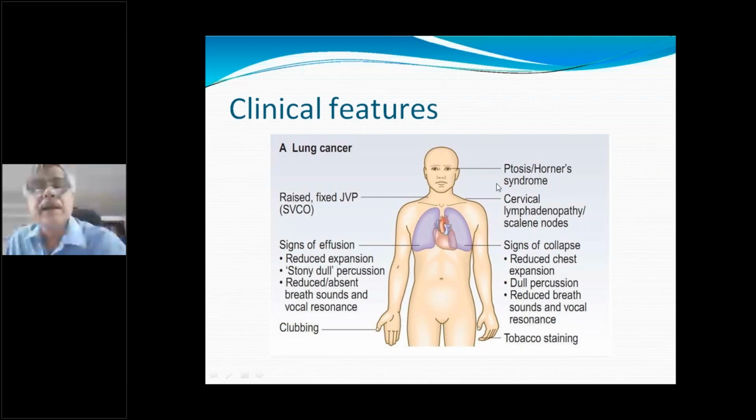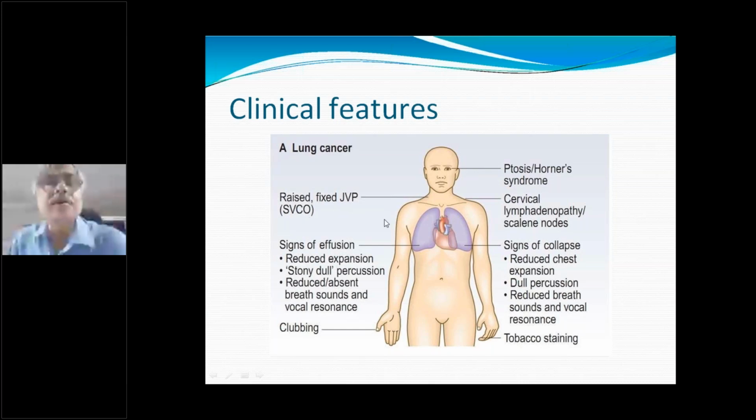Centrally located, the patient will develop ptosis and Horner syndrome, and then superior vena cava syndrome, because of the location of the tumor. Like squamous cell carcinoma, which is located in the center. So because of the presence of these tumors at various places, the patient will develop various signs and symptoms.